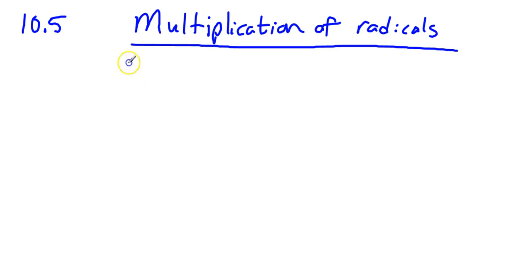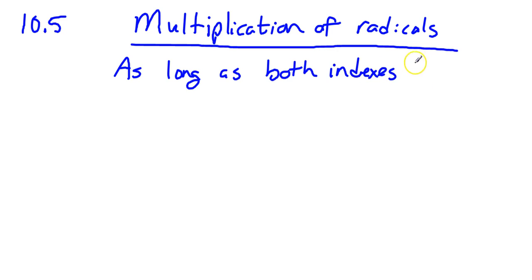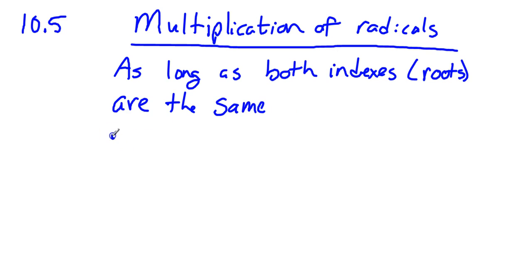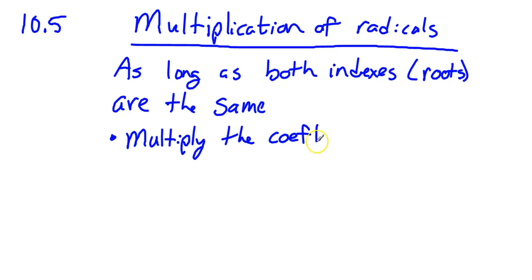So as long as the index is the same, you're going to multiply the coefficients, which is, again, your outside numbers. And then you multiply the numbers on the inside, or your radicands.